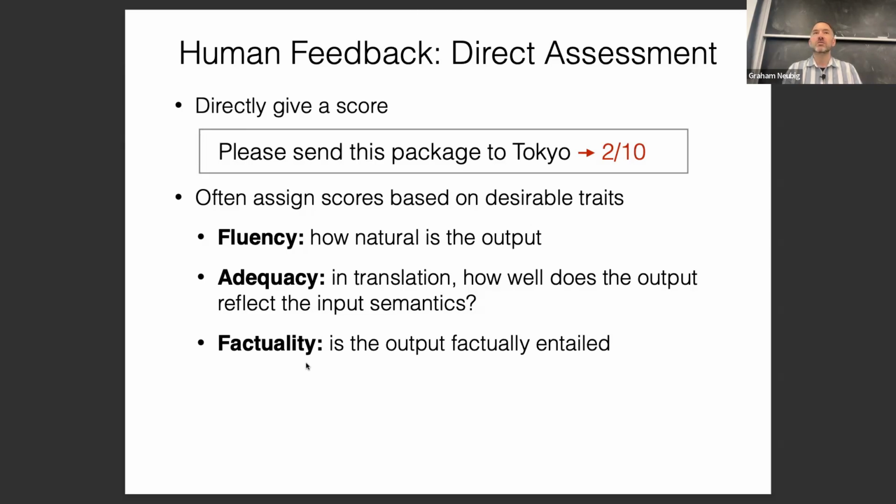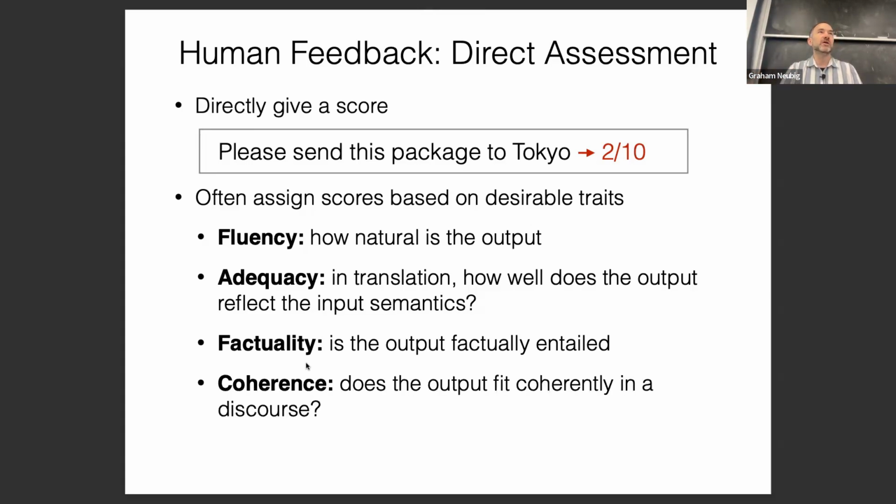Factuality is a little bit tricky, but for something like summarization, you can check whether everything in the output is entailed by the input, whether everything in the output definitely holds given what was said in the input. Other things like coherence: does the output fit coherently in a discourse, et cetera.